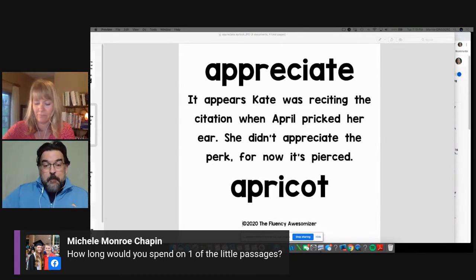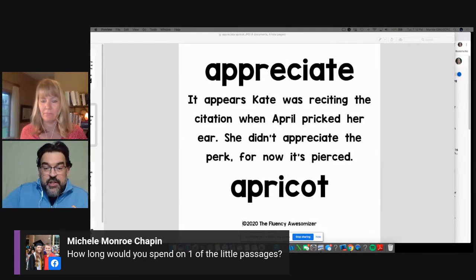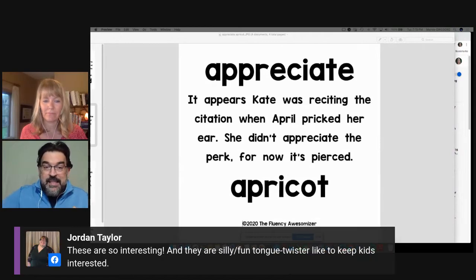And so I'll pick a word like appreciate, and based on the time I've spent examining the language, I'll just know that a young reader who's in a rush, who's impatient, will confuse it with apricot or apricot, depending on where you live.